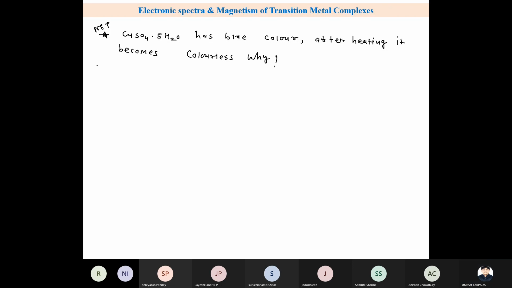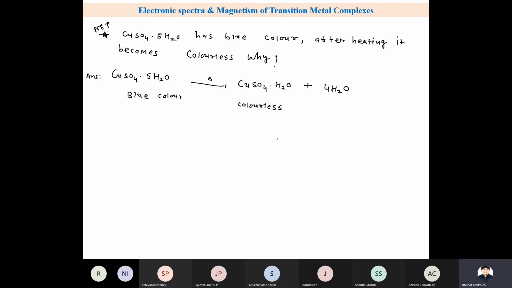Why? It's already blue, so when you heat it, what happens? 4H2O water content gets eliminated, 1H2O still remains with it, and it becomes colorless. So hydrated form is colored and this is colorless.